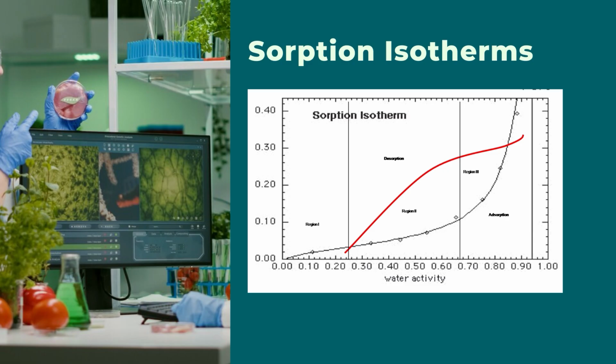Then there are different regions, region 1, region 2, region 3, which are explained in the subsequent slides. Region 1 is monolayer formation. Region 2 is where a lot of moisture absorption takes place. Similarly, there is region 3.